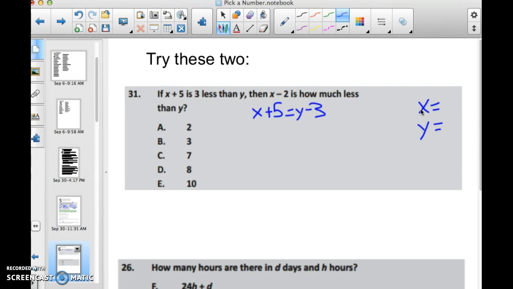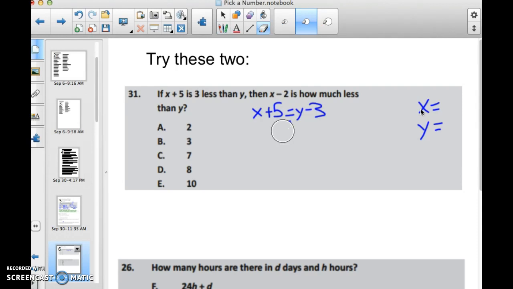So if x was 2, you'd get y to be a specific value. If x was 5, you get y to be a different value, okay? So in this situation, you can't automatically jump and pick 2 random numbers for your variables, because they won't satisfy the relationship that exists within this equation.